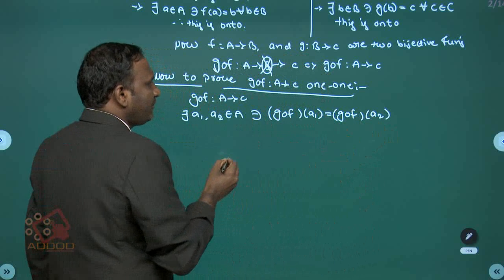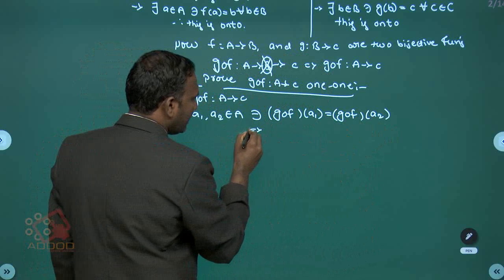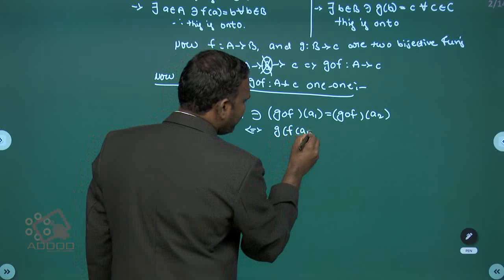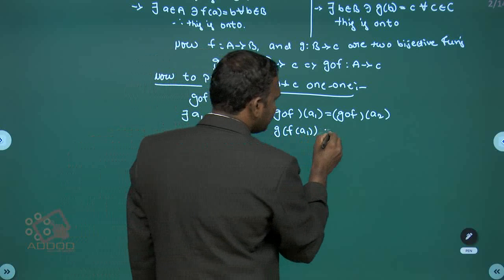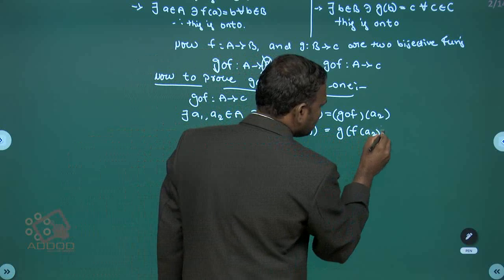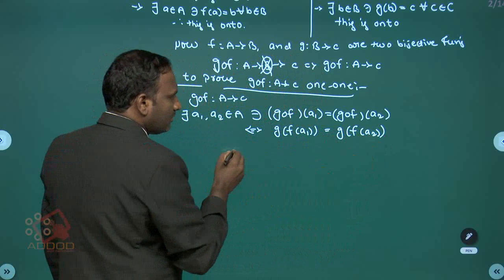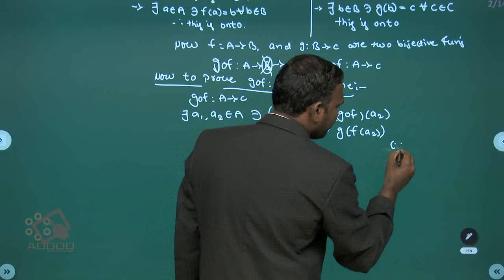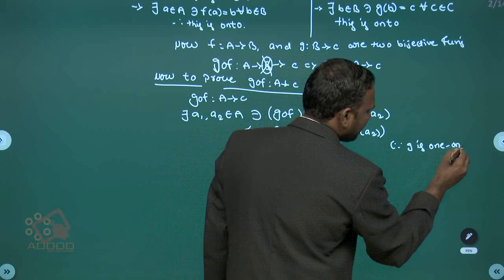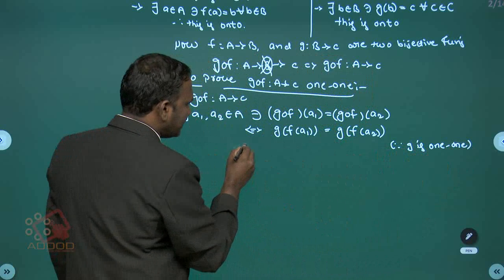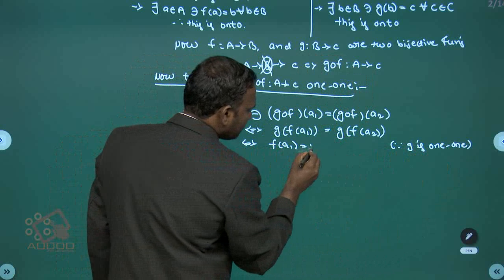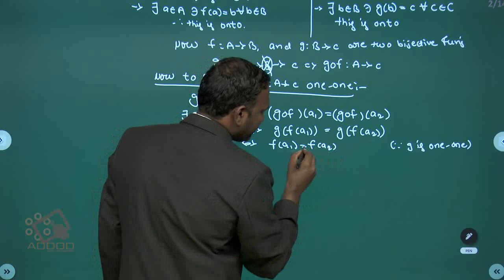So, according to the composite function, I split this as G of F of A1 is equal to G of F of A2. Since G is one-one, the condition will come like this: F of A1 is equal to F of A2.